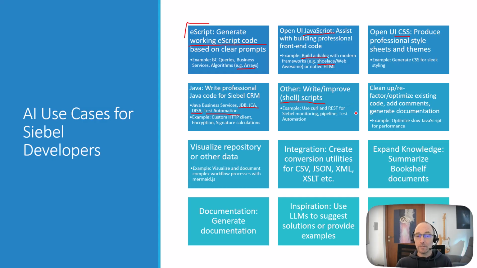You have those shell scripts in place probably, but improving them or creating good shell scripts, PowerShell in Windows and Bash in Linux, those languages are again super well documented, and it's a no-brainer to use AI.